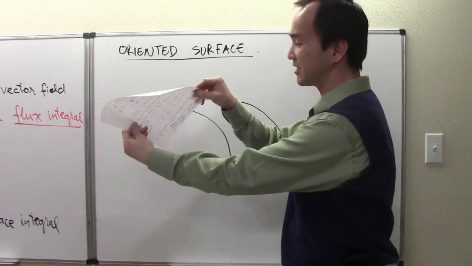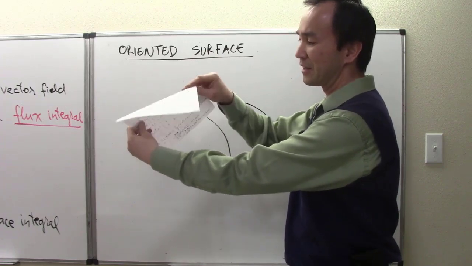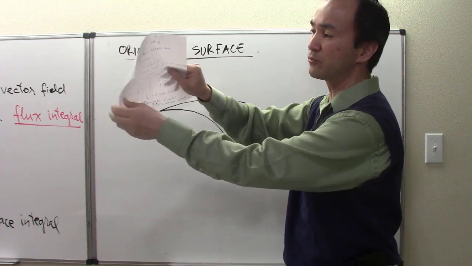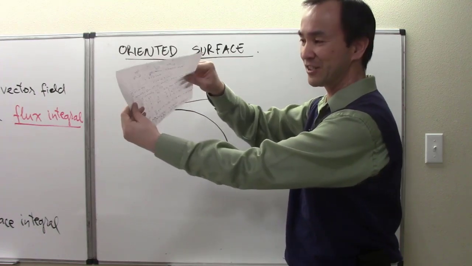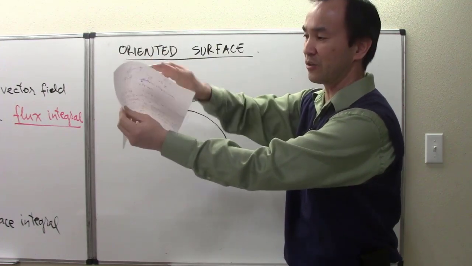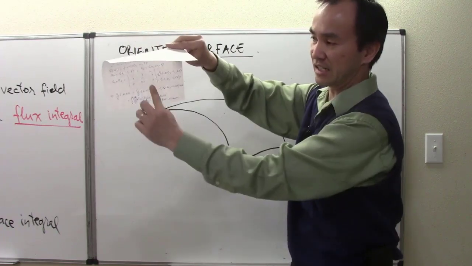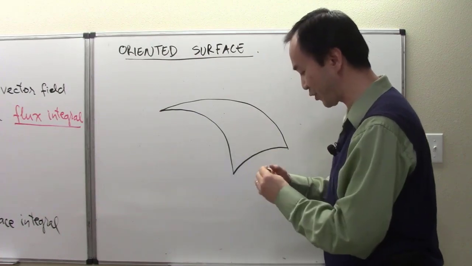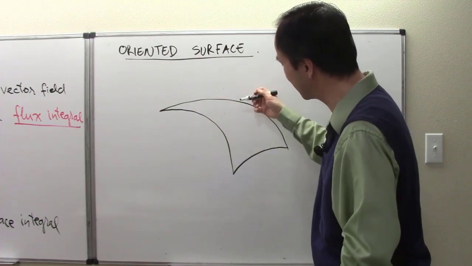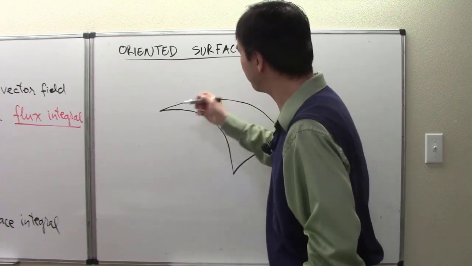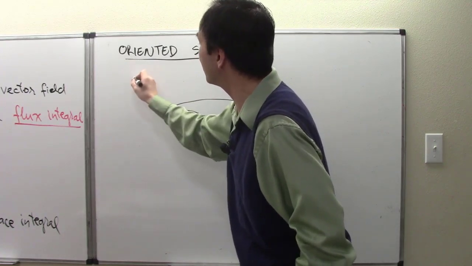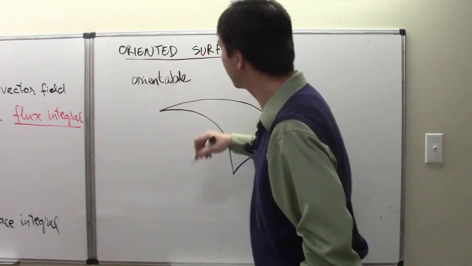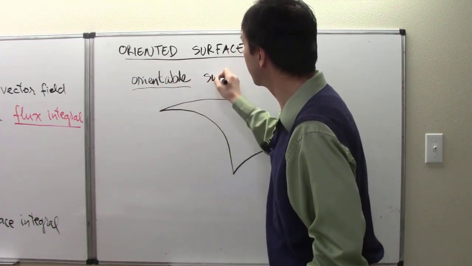It has a property that it permanently remains with two distinct sides: it has one side and it has the other side. So the first term I want to introduce is an orientable surface.